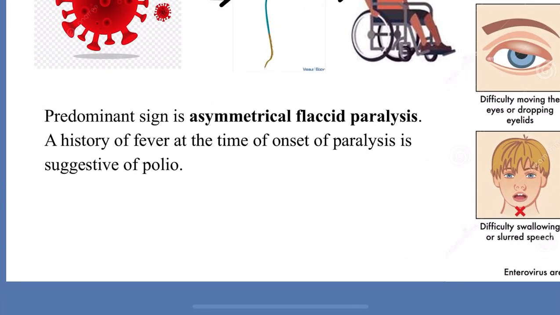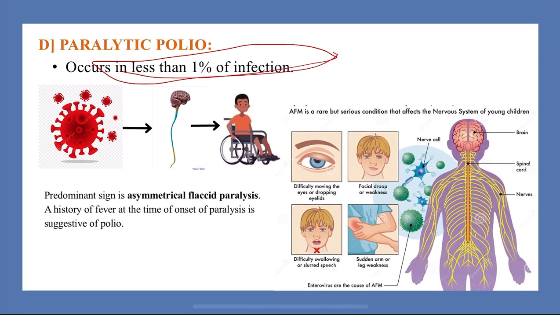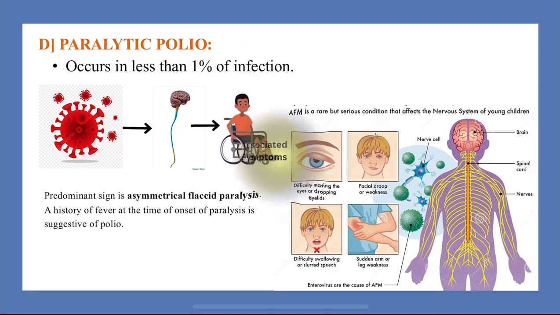The predominant sign is asymmetrical flaccid paralysis. A history of fever at the time of onset of paralysis is also suggestive of poliomyelitis. The patient comes with flaccid paralysis, and the history suggests that there was fever present.